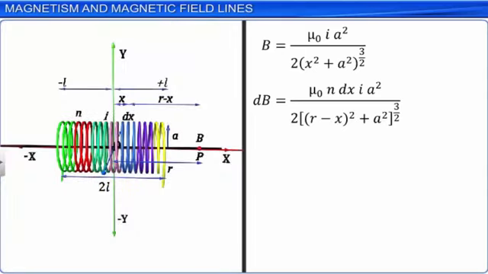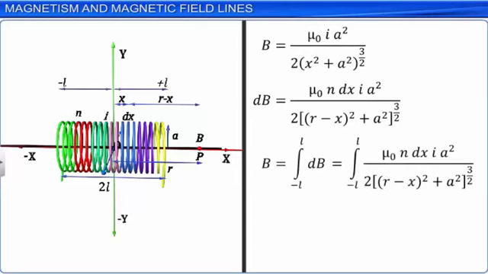Thus, the total magnetic induction at the point P due to the solenoid is B equal to integral -L to L dB, that is equal to integral -L to L of mu naught n dx I a square by 2 into (R minus x) square plus a square whole power 3 by 2.